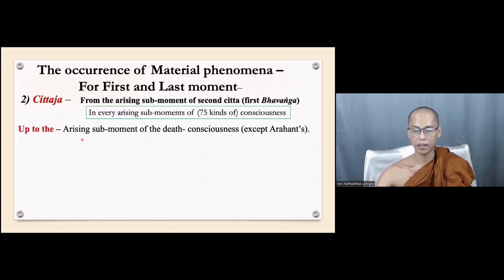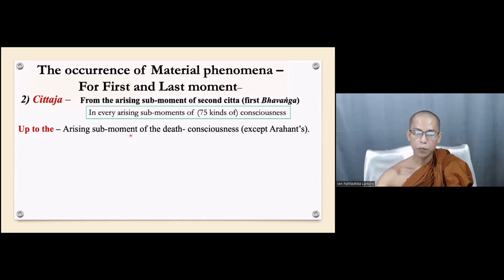It is later than the karma-born materiality, which stopped producing earlier. So consciousness still produces even at the arising moment of death consciousness, though for the arahant's death consciousness it does not produce. Here, for those who continue in the cycle of rebirth in samsara, even at the arising sub-moment of death consciousness, the consciousness produces its consciousness-born materialities.